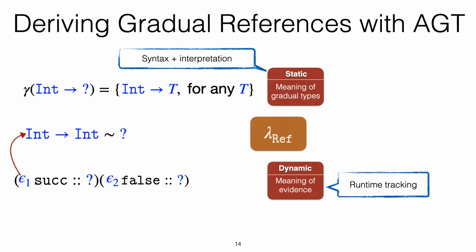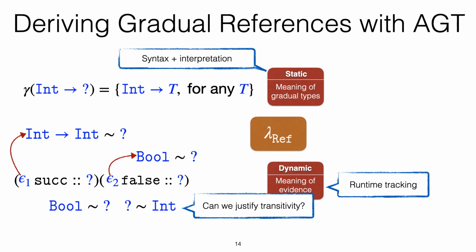Here, evidence epsilon1 justifies that the type of suc, which is int to int, is consistent with unknown. And similarly, epsilon2 justifies that bool is consistent with the type of the ascription, unknown. At runtime, before the application happens, we try to see if we can justify the transitive judgment. As expected, combining both evidences using transitivity is not possible, so a runtime error is raised.